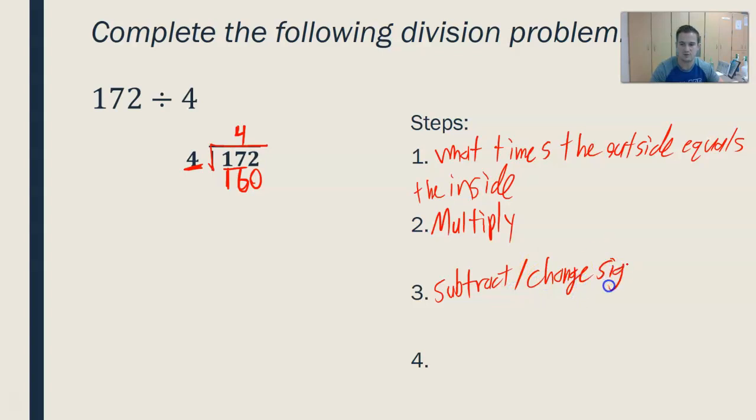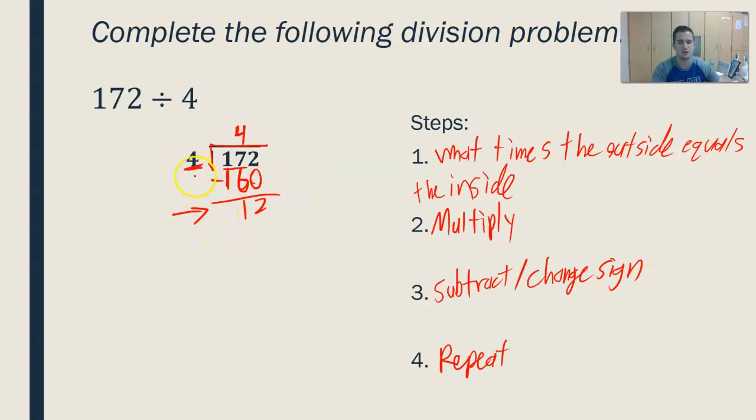So I need to subtract 160 from 172. So 2 minus 0 is 2, 7 minus 6 is 1, 1 minus 1 is 0, and I'm left with 12. And then I repeat the process all over again with this new row right here.